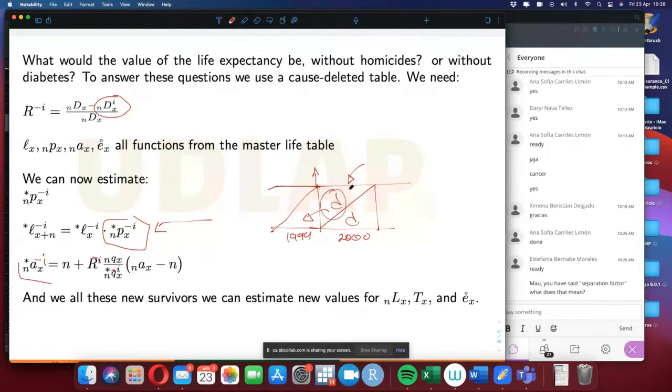That is something important, because in the general formula, the assumption was that out of all deaths that you have in 1 year, half of those deaths actually belong to the previous cohort and half belong to your cohort.